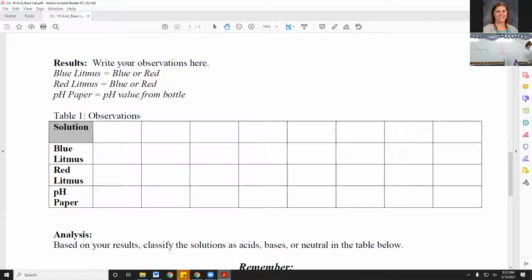And so to save us some papers, because we have to use so many, and I had to buy more because I knew I was going to run out today. I do have more, so if you don't have enough, definitely get more. But what we will do is you're actually going to rip them in half. Okay. So then that way you can use 1 strip for 2 different things.